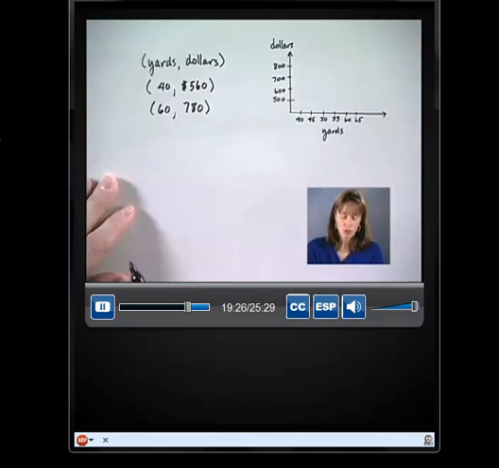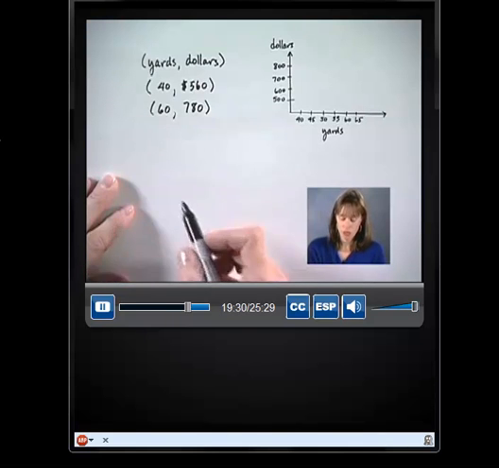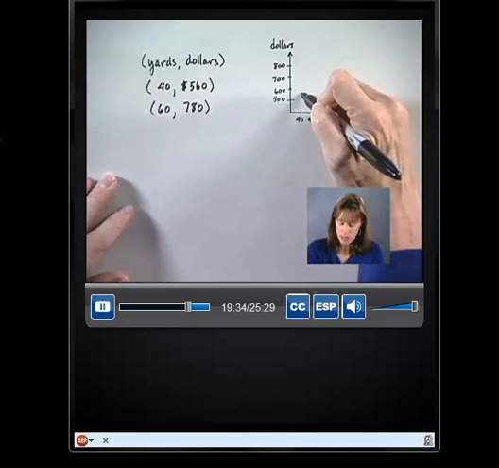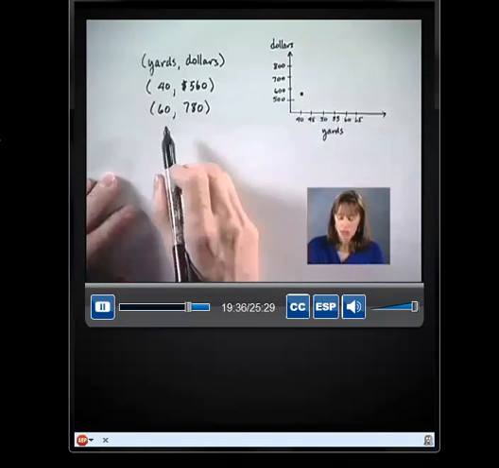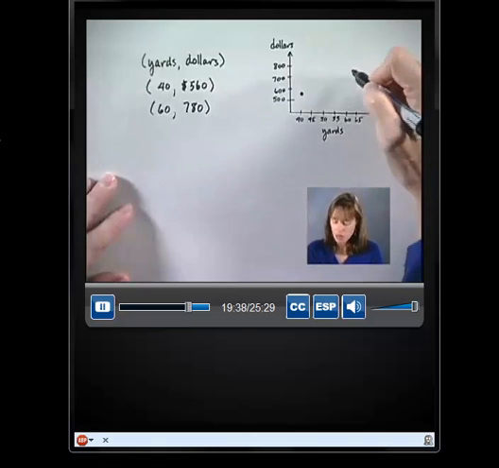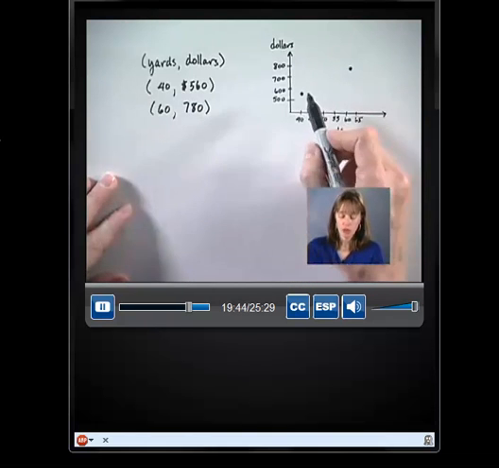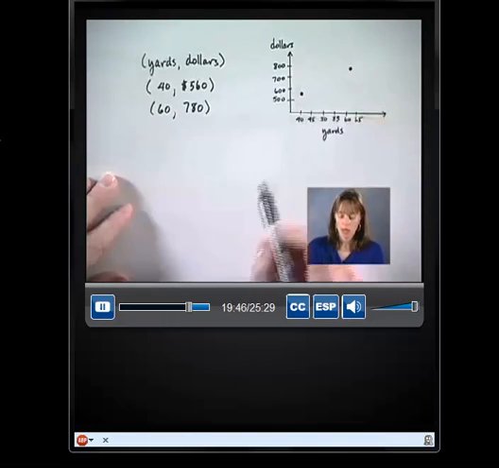What I'm going to do first is plot those 2 points to get an idea of what this average rate of change is all about. I'm going to plot the point 40, 560, approximately there, and 60, 780, approximately there.